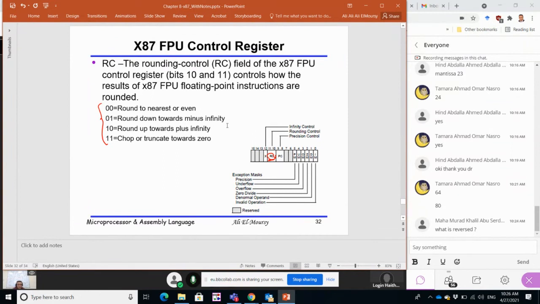Now, what fashion of rounding here? Okay, there are actually 4 fashions of rounding: rounding to the nearest or even, rounding toward down or minus infinity, rounding toward plus infinity, or chopping, truncated. These are 4 different ways to round the numbers.